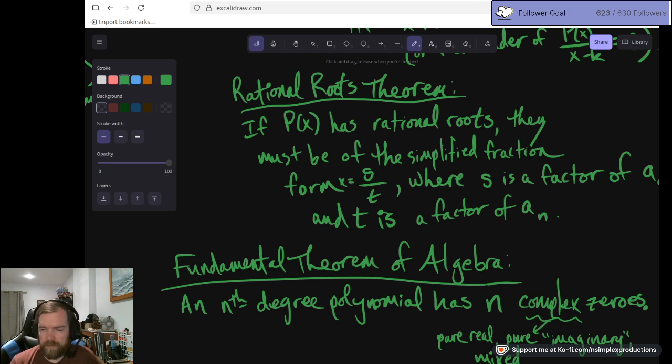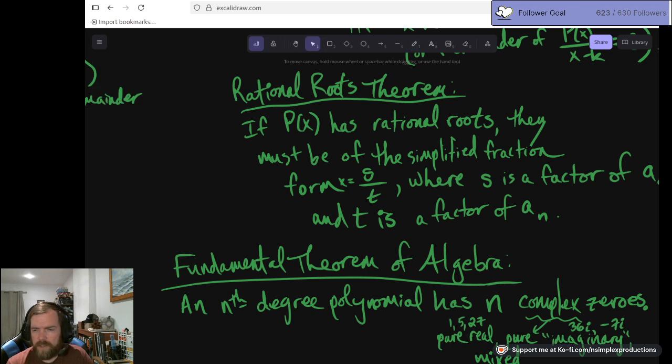So pure real is stuff like 1, 5, 27. Pure imaginary is going to be 36i, negative 7i, all that good stuff. Mixed is going to be stuff like 1 plus i, 3 minus 7i, all that good stuff. And I should probably change the color on those.